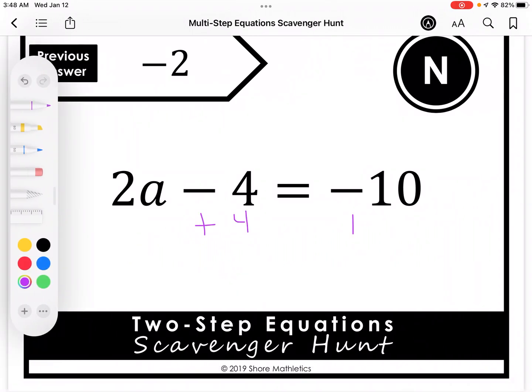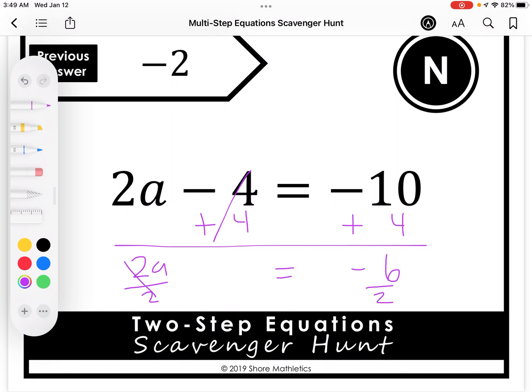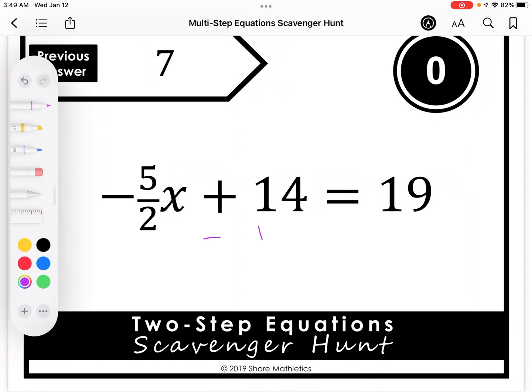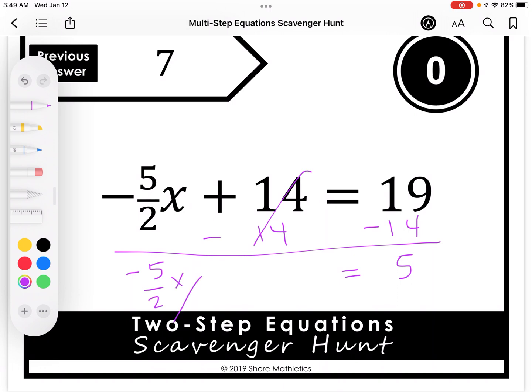I'm going to add 4. Signs are different, so I'm going to subtract. So I'm going to divide by negative 5/2.